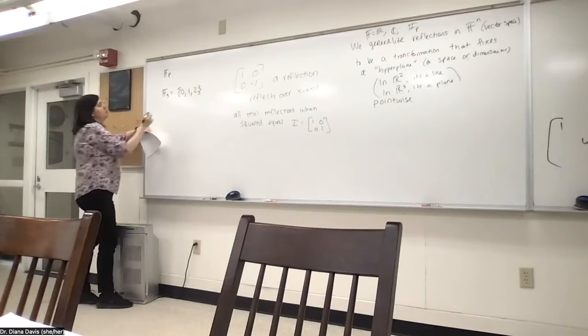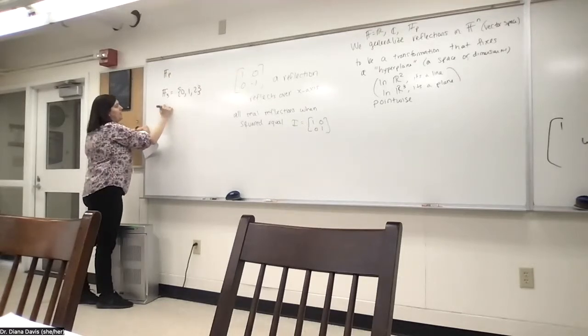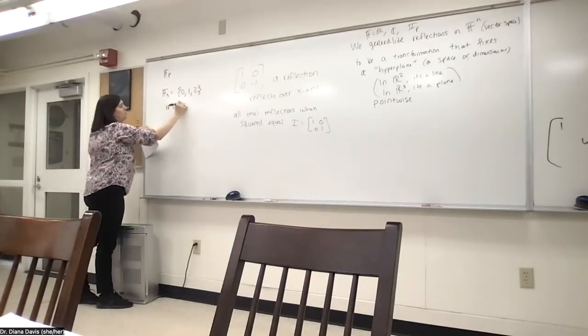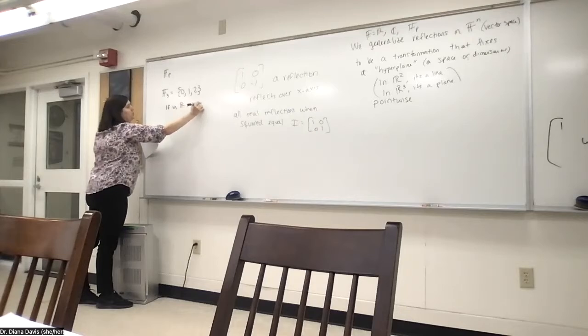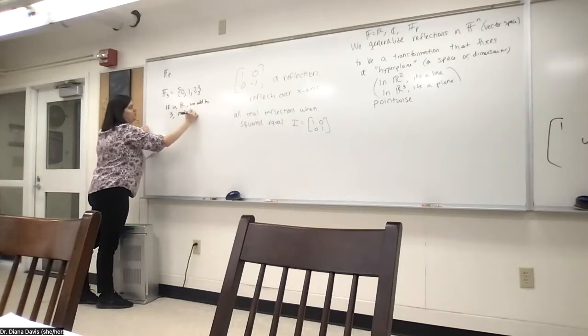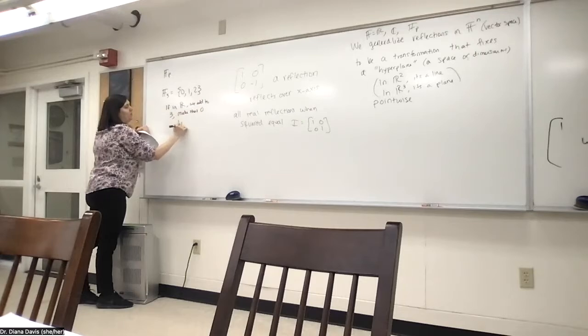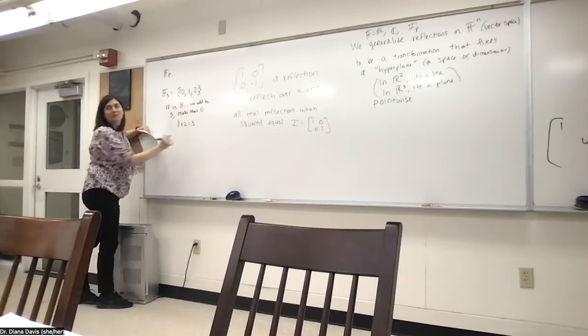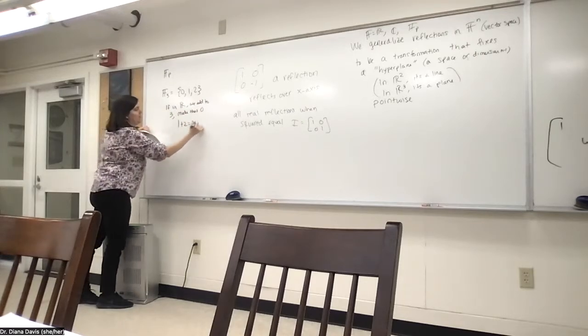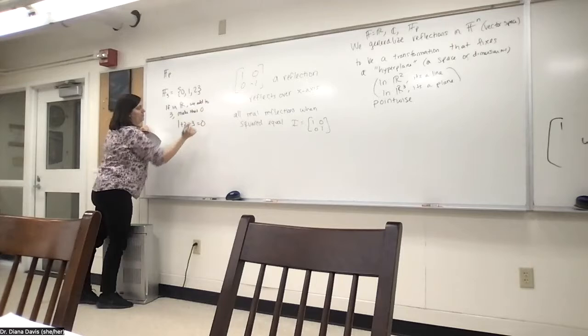And we need a multiplication, addition, and division for it to be just like the real numbers, just like the complex numbers. So for addition, I'm going to say if in R we add to 3, make that 0. So 1 plus 2 would be 3, which is congruent to 0. Yeah, so we're just doing modular arithmetic.